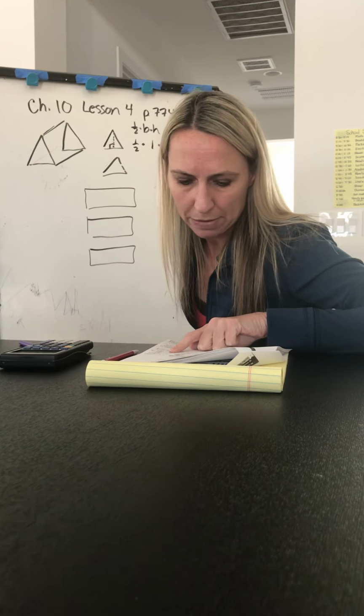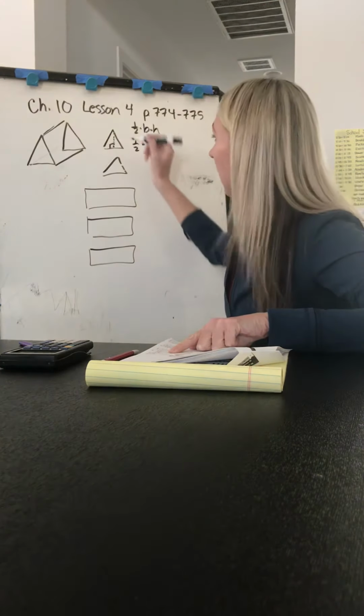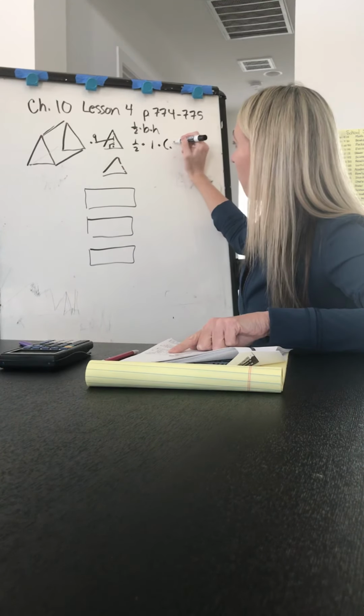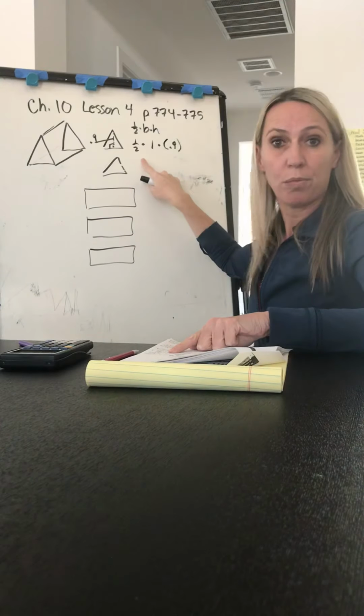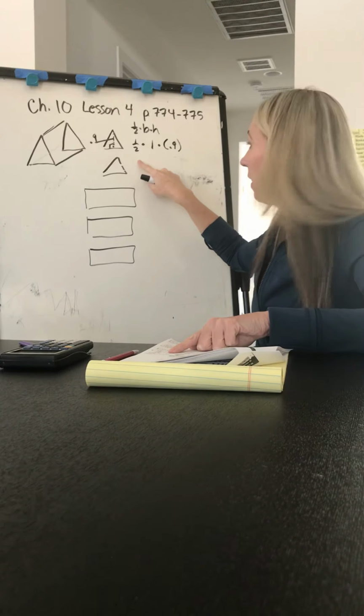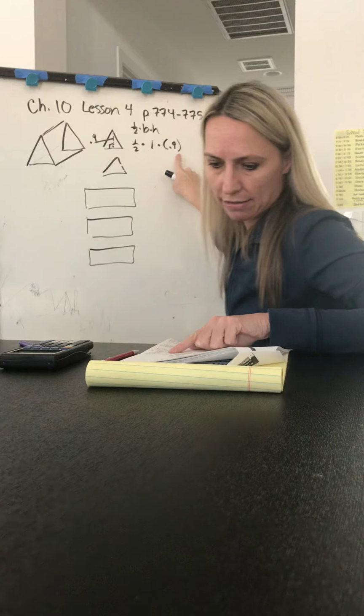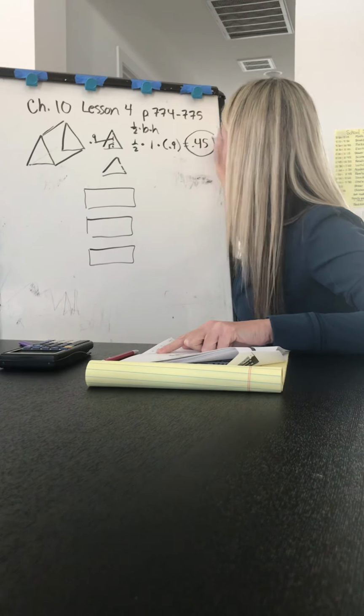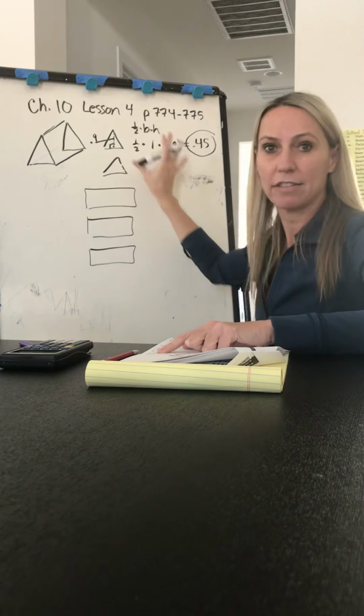It's drawn in on the side with a little arrow, and it says 0.9. So you could put in your calculator 0.5 times 1 times 0.9, hit enter, and you get 0.45. Then I circle that so it doesn't get lost in all the mess.